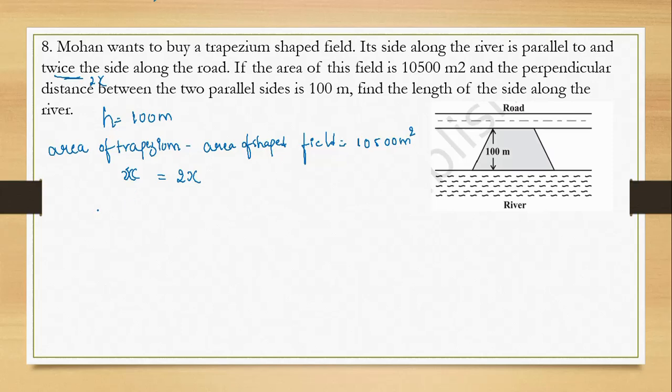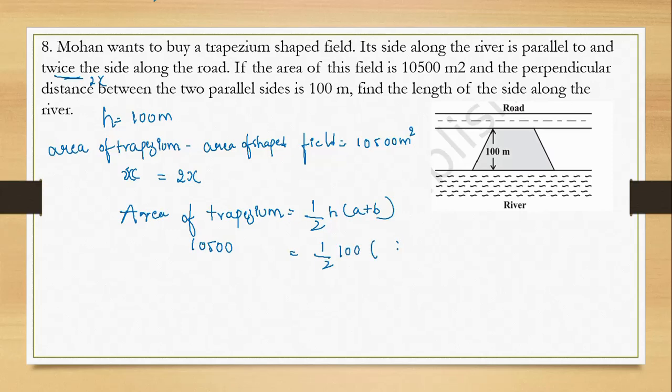So we know the formula: area of trapezium is equal to half into height into a plus b. Here they already gave the area of trapezium, that is 10,500, height is 100, and the sides are x and 2x.